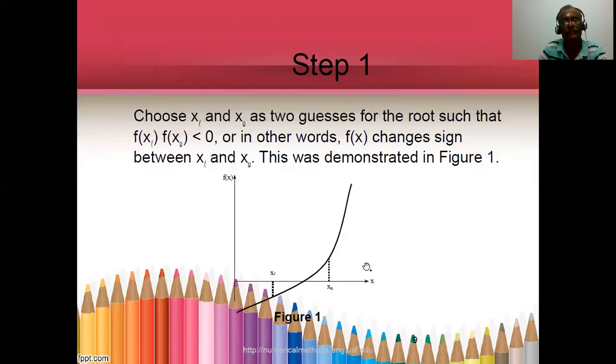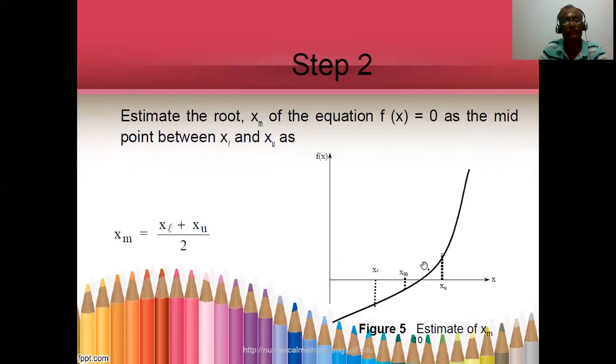And in this method, we divide the interval into two intervals, and we take the approximate root of the equation as xm equal to xl plus xu by 2. So this is the initial approximation of the root of the given equation. Next, we find the sign of f of xm.